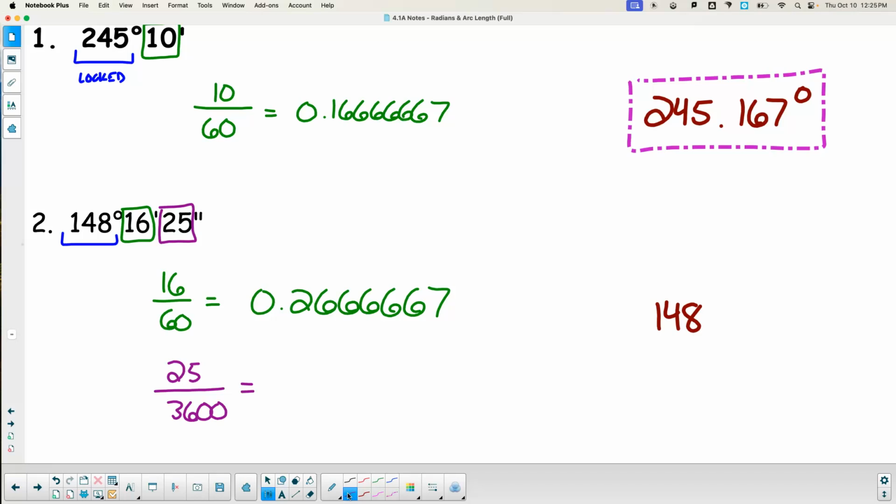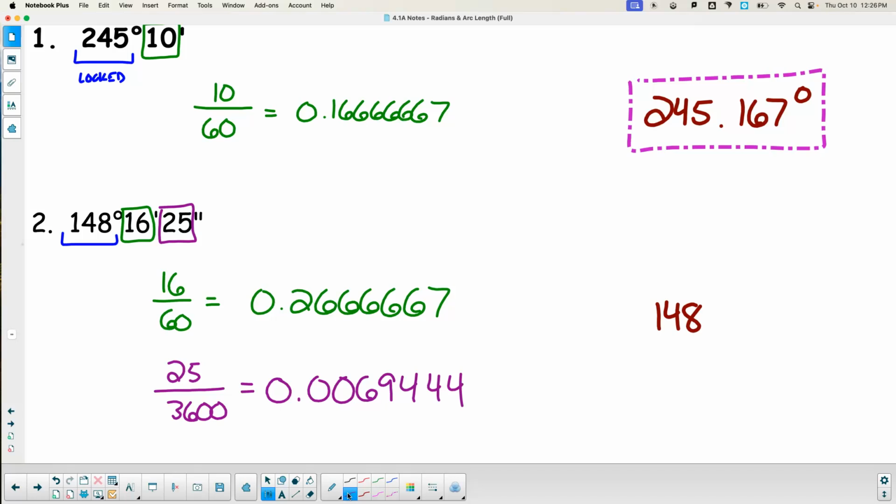I need to be all in degrees so I can add all 3 of those together. Okay? Good question. That's what I wanted you to ask. I get 0.0069.